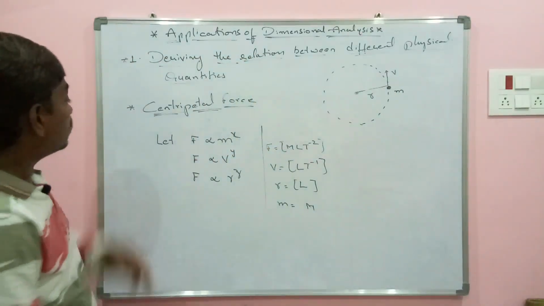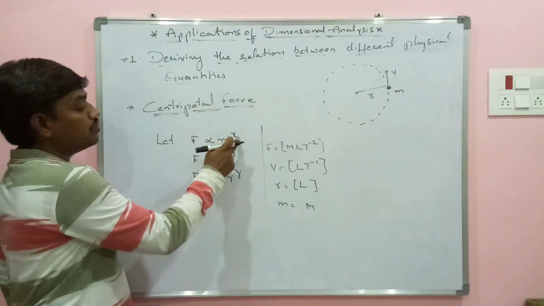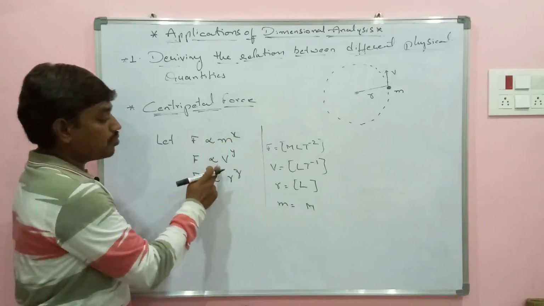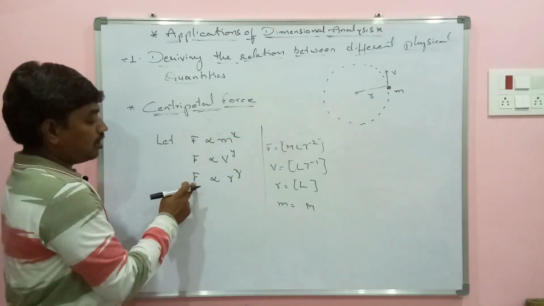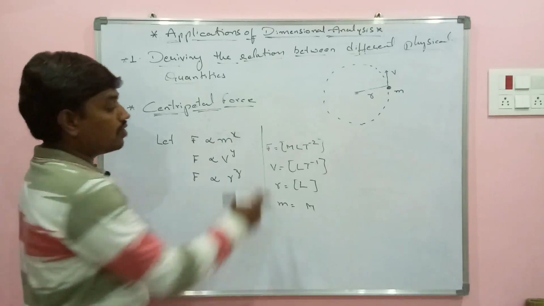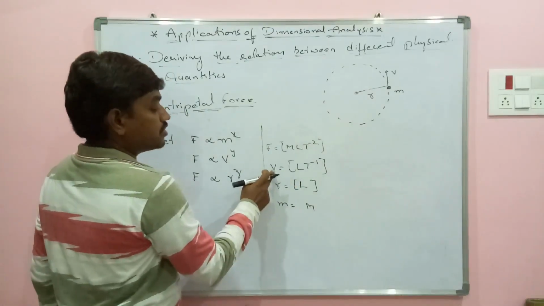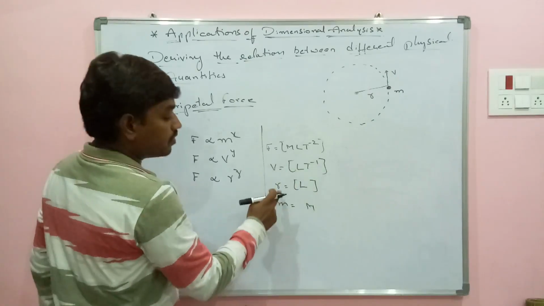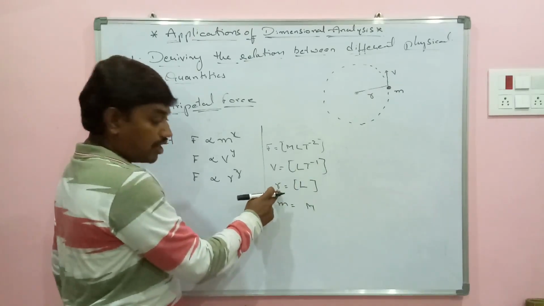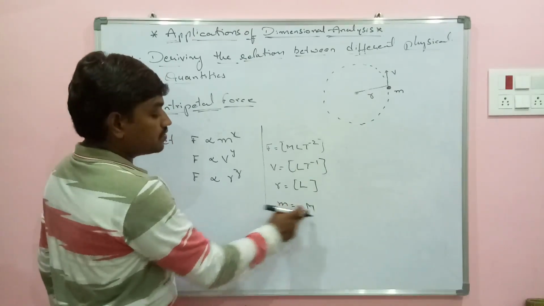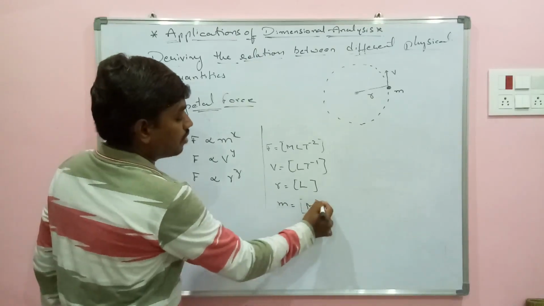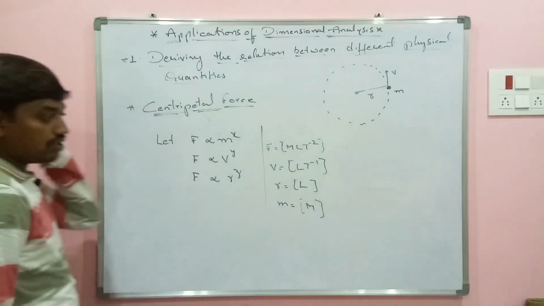So here consider F proportional to m power x, F proportional to v power y, and F proportional to r power z, where the F dimensional formula is M L T to the power of minus 2, v stands for velocity, L T to the power of minus 1, r stands for radius, nothing but length L, and m stands for capital M. These are the dimensional formulae of these four physical quantities.